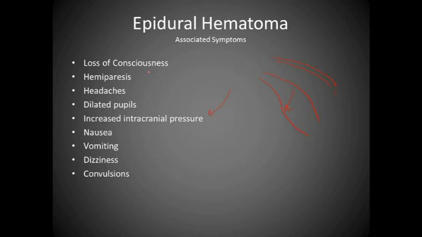But one thing to keep in mind is that usually with an epidural hematoma, you're going to show signs of trauma, and so it's not going to be that far-fetched to see whether you have one or not.